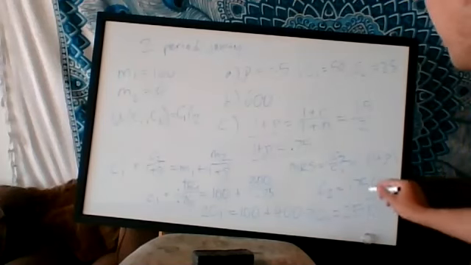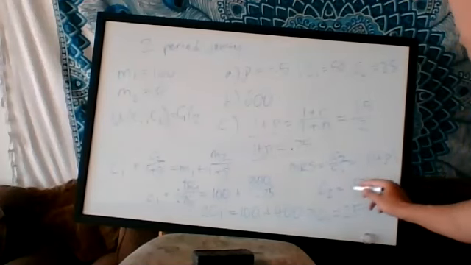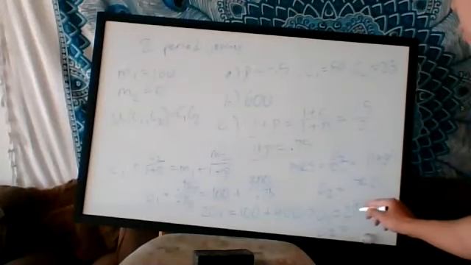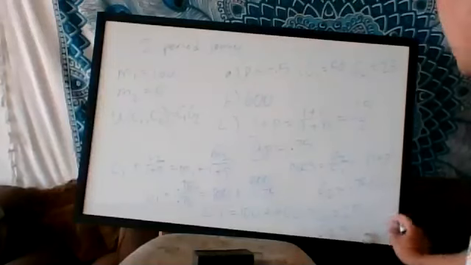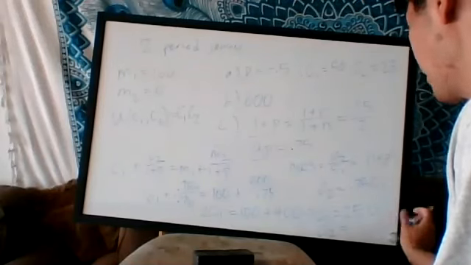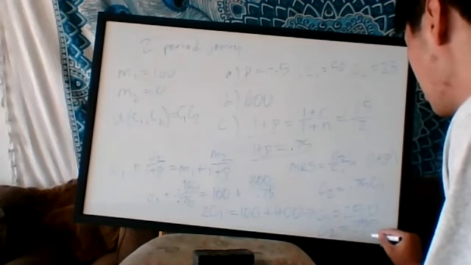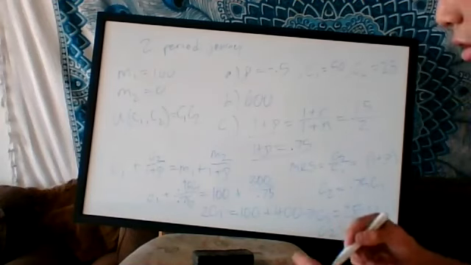And then from here, we know that C2 is equal to 3/4 of 750. So I'm just going to leave it as a fraction, but we're going to say that C2 is equal to 750 over 4.